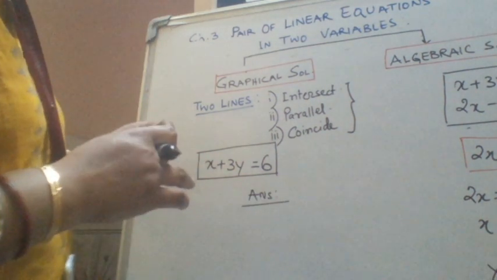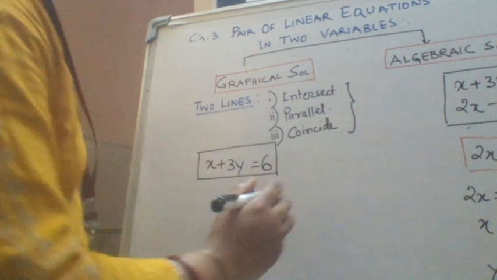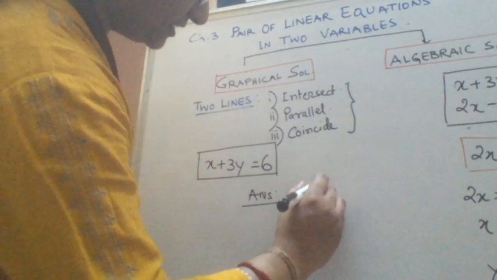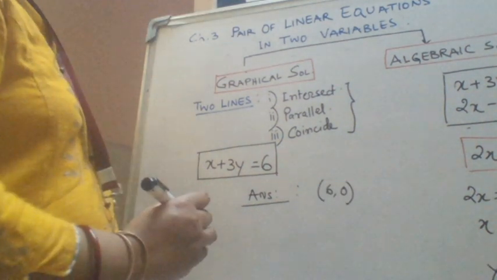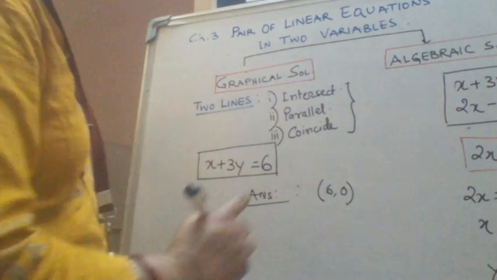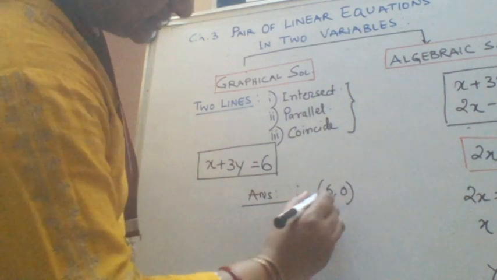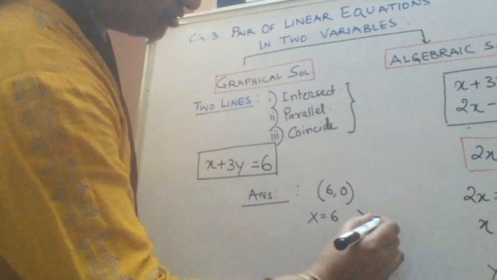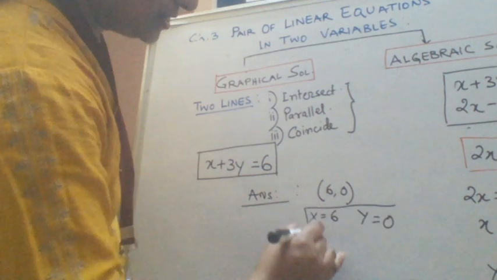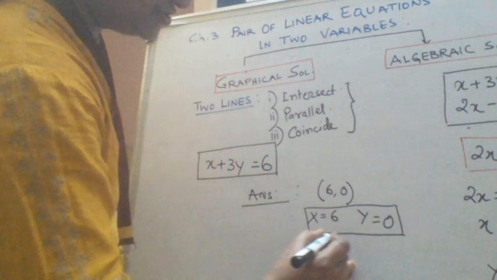But when you plot the graph, please do mention the answer, that the solution is x is 6, 0. That point was common to both the equations, both the lines. So 6, 0 is the answer. 6, 0 means x is equal to 6 and y equal to 0. This is how the presentation of your answer should be.